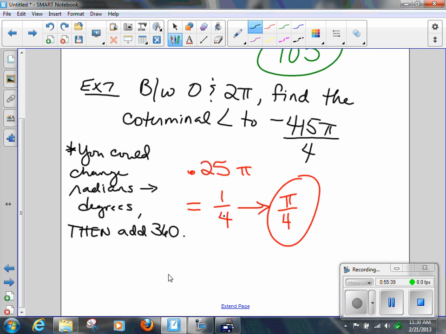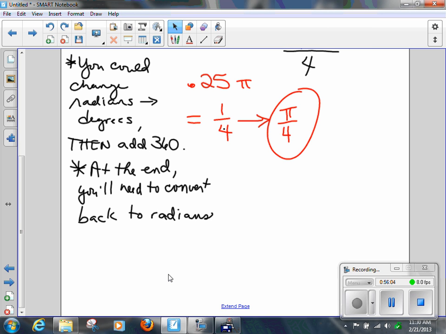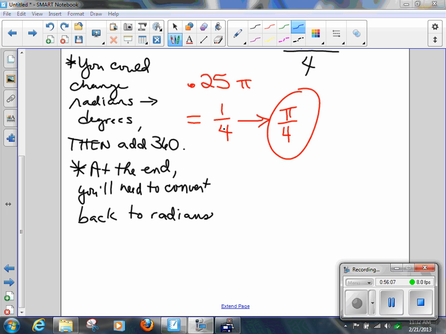But what do you have to be careful about at the end? At the end, you'll need to convert back to radians.